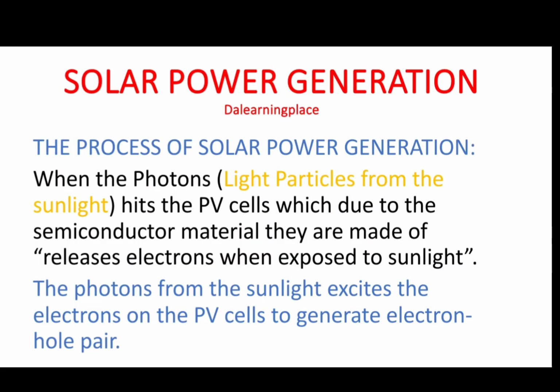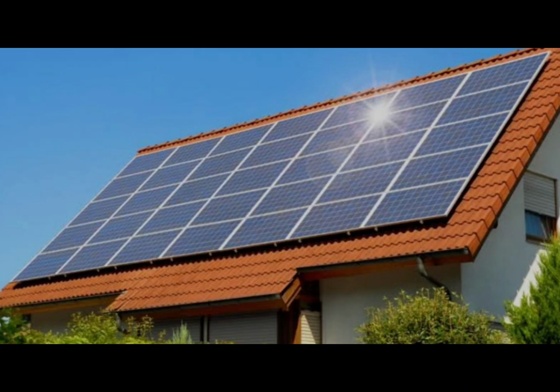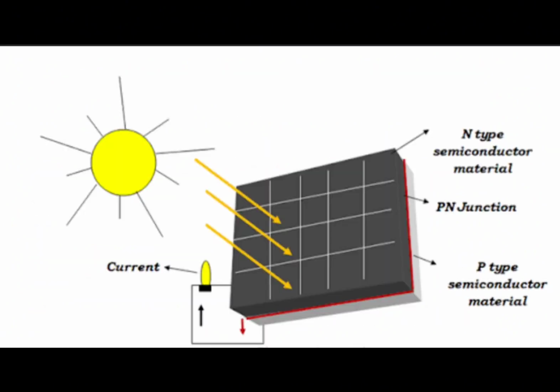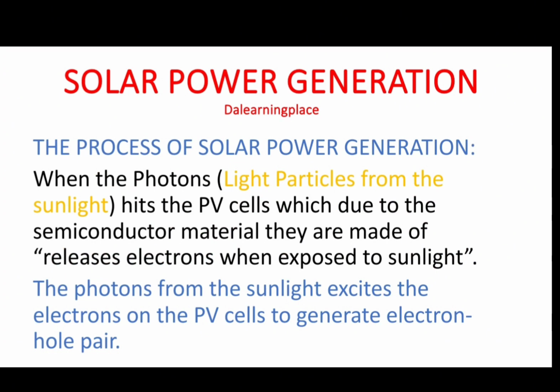Now, the process of the solar power generation. When the photons, the light particles from the sunlight, hit the PV cells, which due to the semiconductor materials they are made of, release electrons when exposed to sunlight. The photons from the sunlight excite the electrons on the PV cells to generate electron-hole pairs.